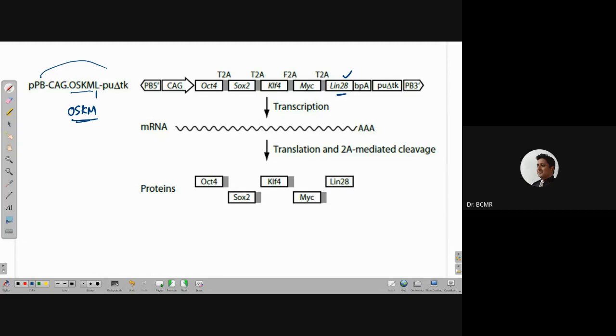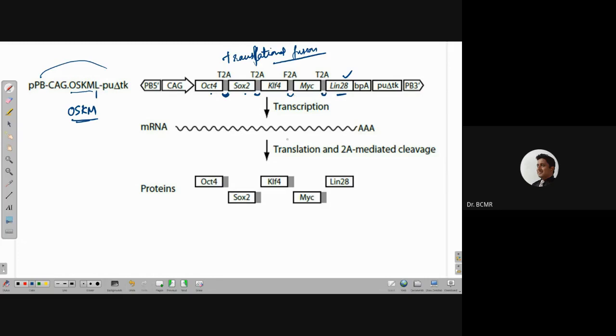So in between these coding reading frames for each of them, they have introduced, this is translational fusion, right? You should also get used to the terminology so that you'll be able to follow the literature or any discourse on recombinant DNA technology much more easily. So the reading frames for these particular proteins are translationally fused, and also in between them they have added the self-cleaving regions for self-cleaving peptides.